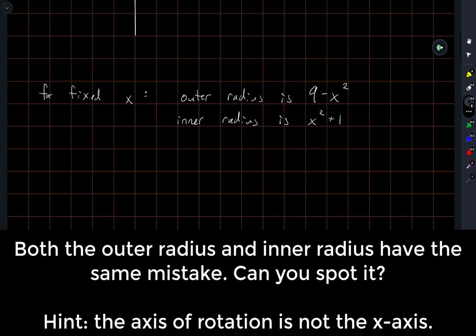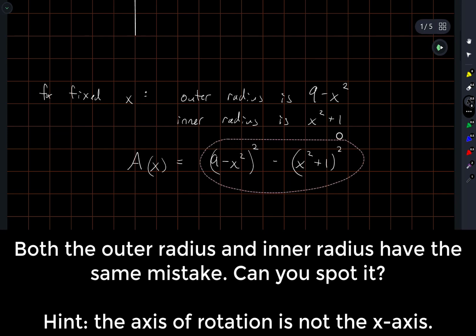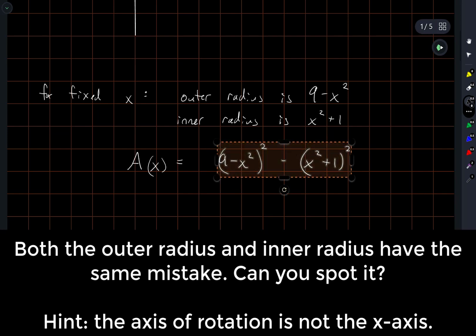So then the area of our rotated cross-section as a function of x is going to be 9 minus x squared, squared, minus x squared plus 1, squared, and all of this multiplied by pi.